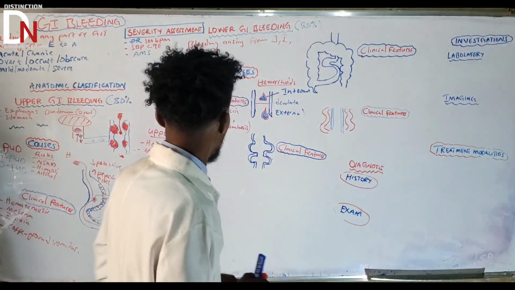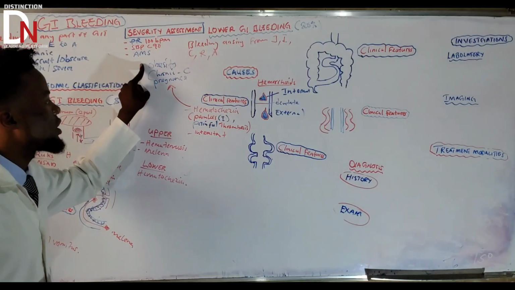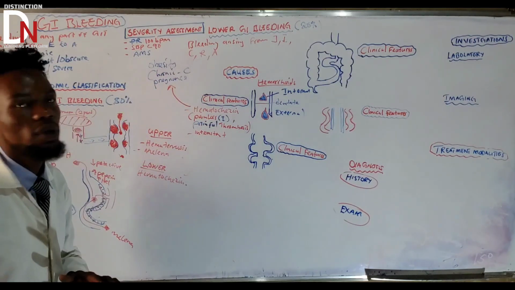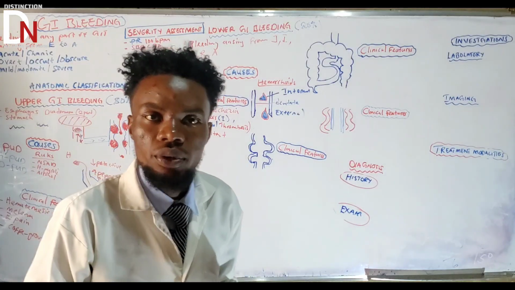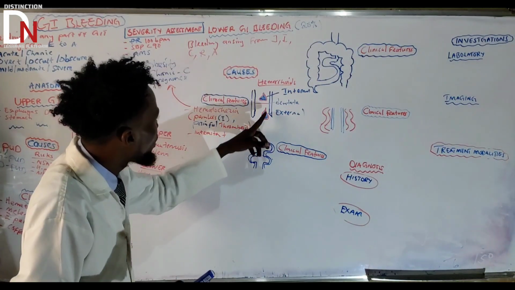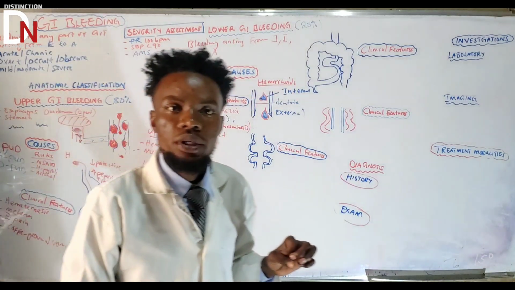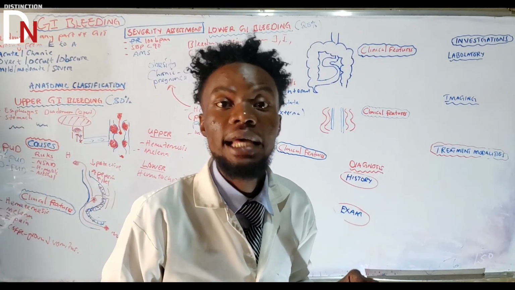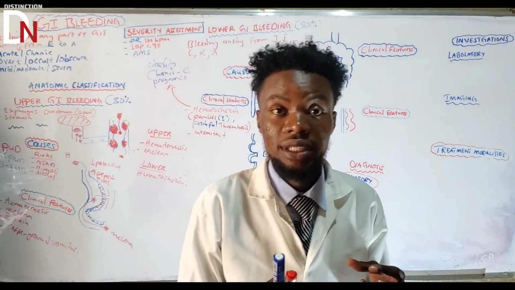Now, since we have this relationship to someone developing hemorrhoid, to be more specific, what are those hemorrhoids that we're talking about? We have two types. Those hemorrhoids are dilated venous plexus in the anal canal.